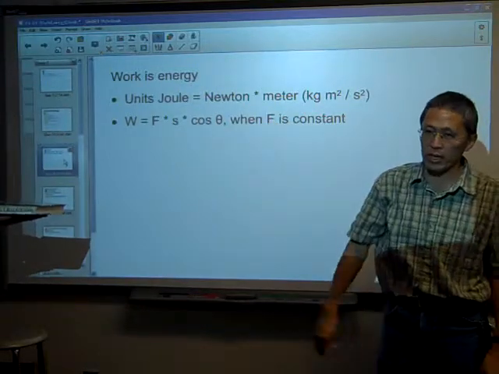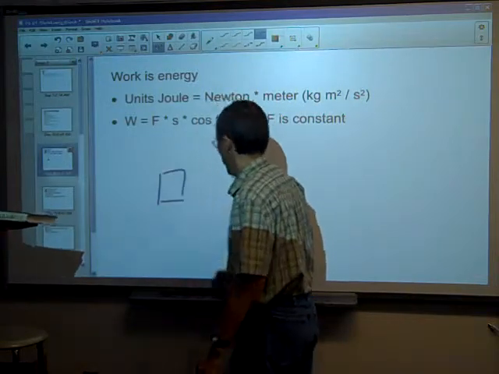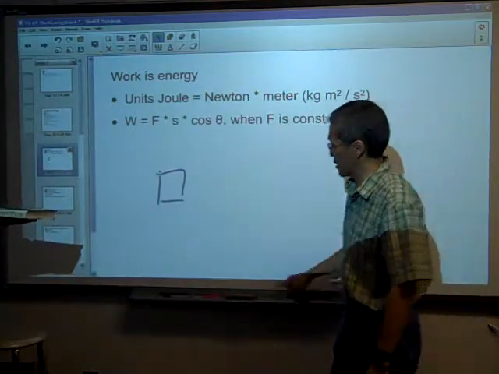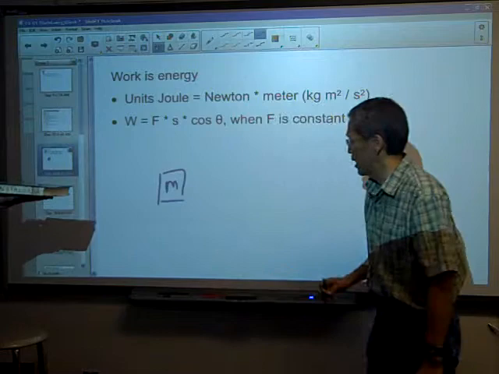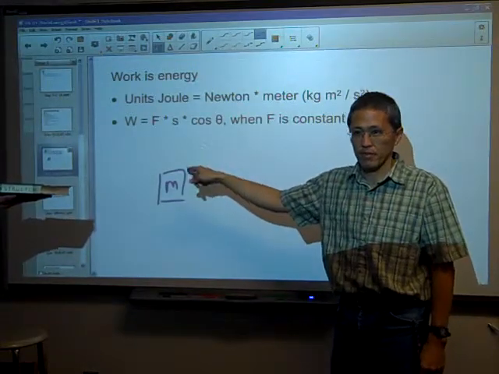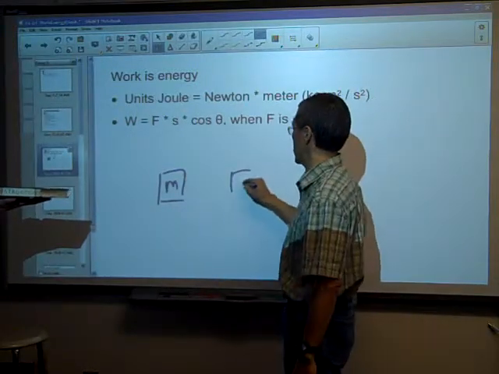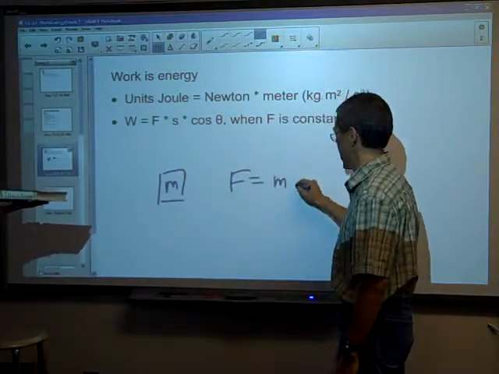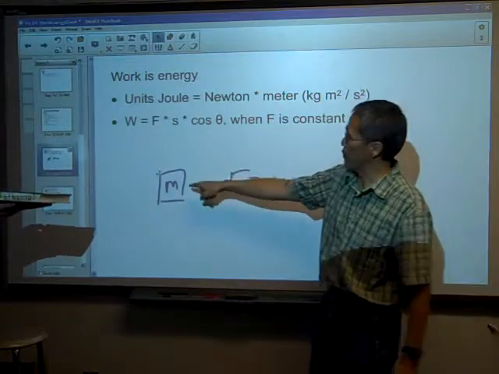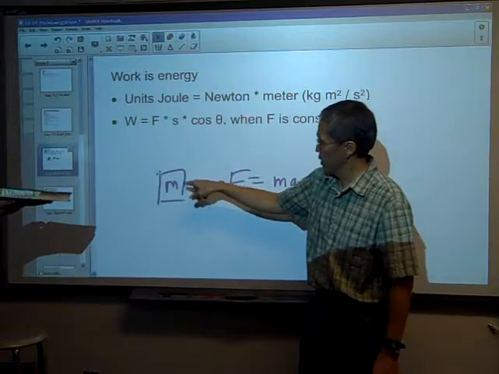So if I have a block that's got some mass m, what is the weight of that block? Mass times gravity. Okay, so the force is my mass times gravity, right? So if I want to move that, there's my force.